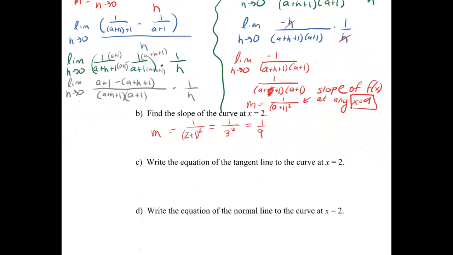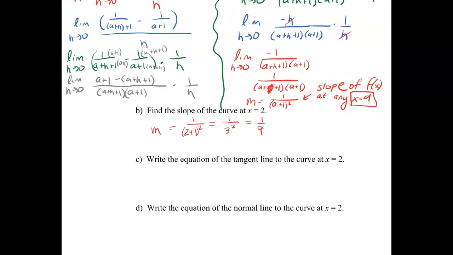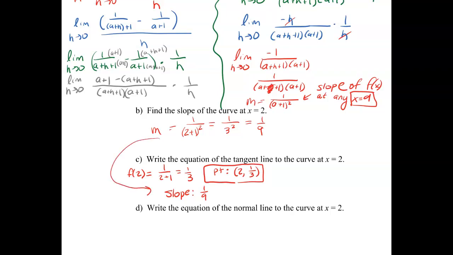Alright, write the equation of a tangent line at the curve x equals 2. So I need to find out what my value is at 2. So go ahead, plug 2 into your original equation. Plugging 2 in, I get 1/3. So my point is 2, 1/3, and my slope from part B should just be 1/9.